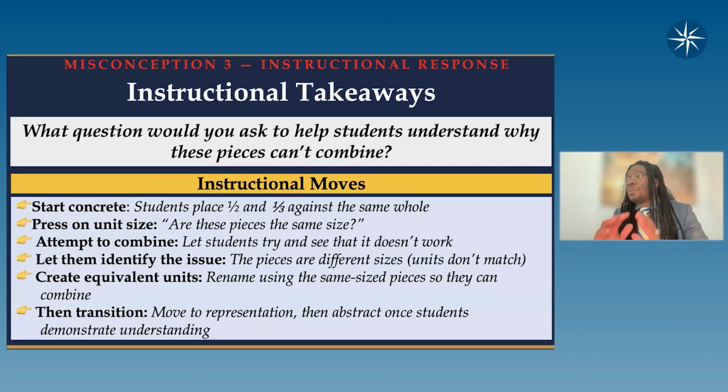Okay. So, instructional move for kids who are struggling with that: start at the concrete level. With CPA, CRA, we usually advocate every child, I believe, should touch each level. Even the child that is working at the abstract level might be procedurally fluent, meaning I know what I'm doing, but I don't know why I'm doing it.